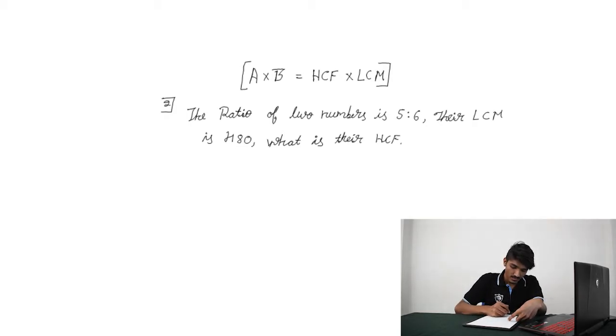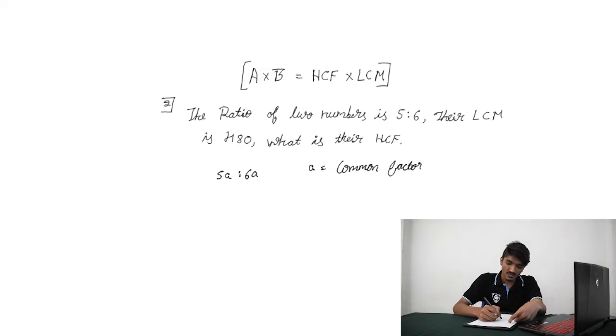So let's say the two numbers are 5A and 6A, so A will be the common factor. Since A is the common factor, A will be the HCF of the two numbers. The question says the ratio of two numbers is 5 to 6, so the two numbers are 5A and 6A.